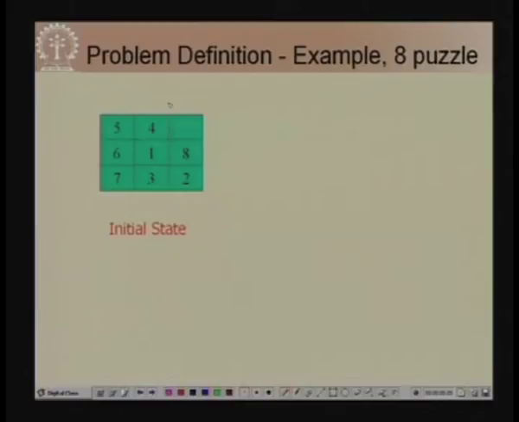These blocks are in a particular configuration in this board and one position is empty. Now in this sliding tile puzzle, we can slide the blocks which are adjacent to the blank into the blank position. That is, we can slide this tile 4 to this position or slide tile 8 to this position.